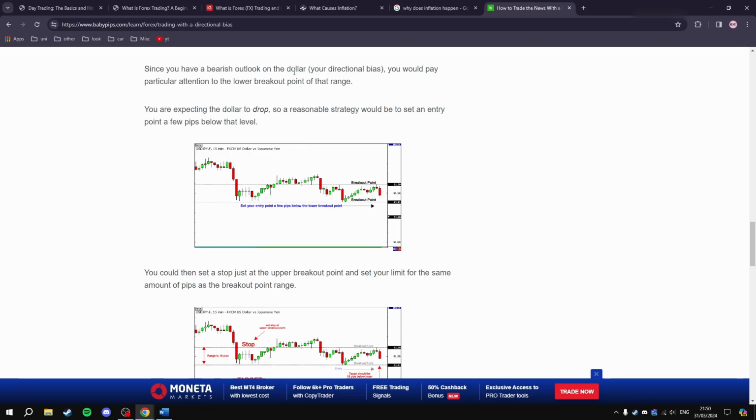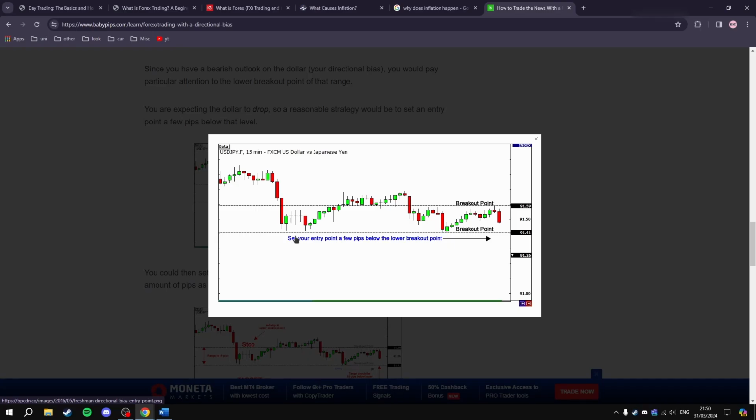You are expecting the dollar to drop, so a reasonable strategy would be to set an entry point a few pips below that level. So here's the dollar, USD versus JPY. Set your entry point a few pips below the lower breakout point.